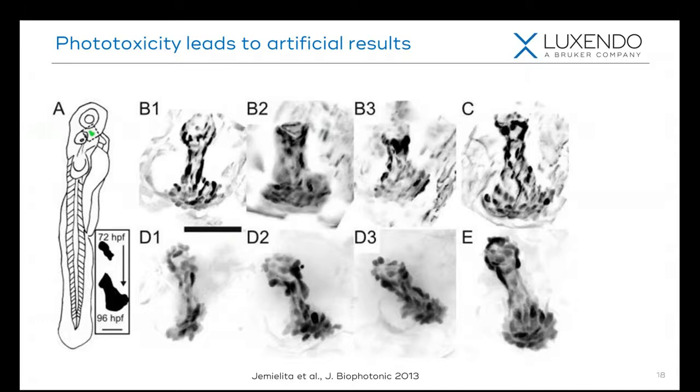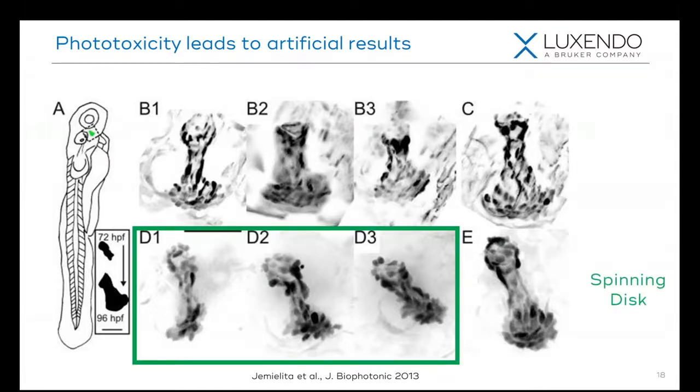And what the authors noticed is when they were trying to look at this with a traditional technique, in particular spinning disk, and image this development over time, they saw that in 3 different bones that had been imaged every 10 minutes for this one day, they didn't see the same fanning behavior as they did in E, where this fish had only been imaged at 96 hours.